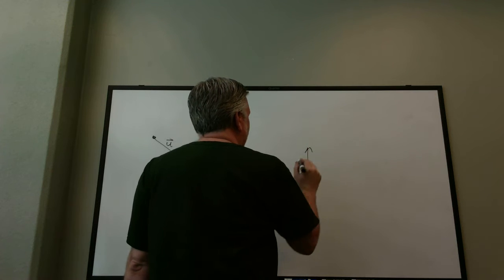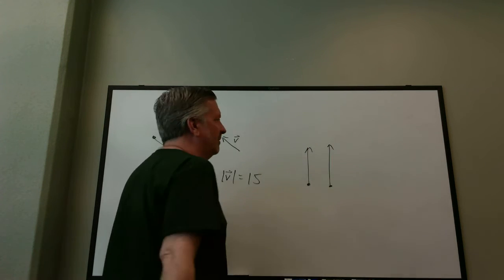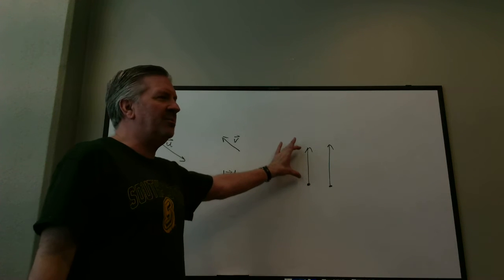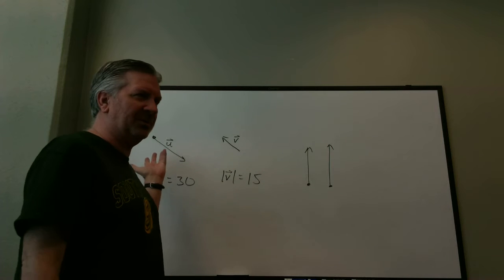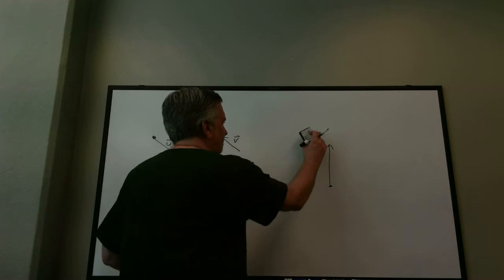So here I am, and then here's my brother. He's a little bit older. So the length of the vector doesn't even have to represent something logical. Here it'd be age. So you could even do that.